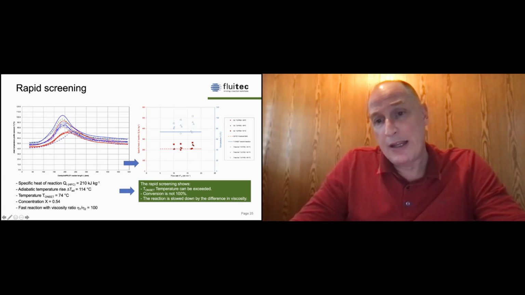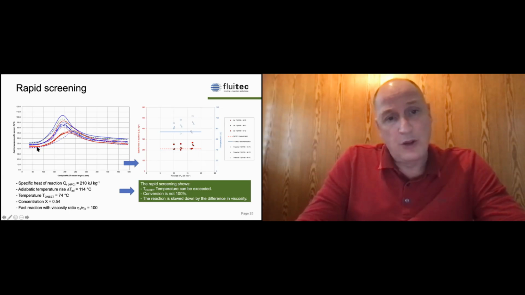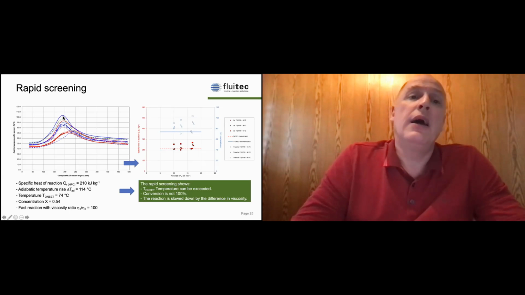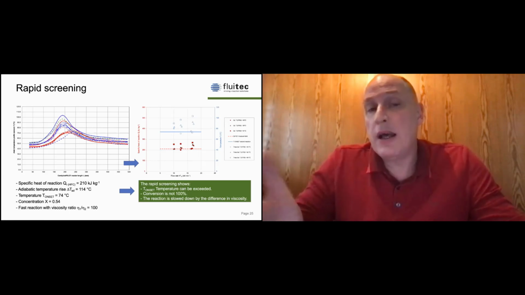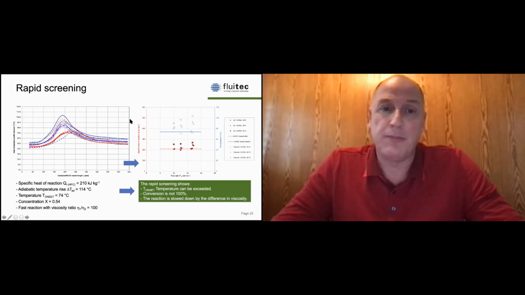This red line here is the measurement in a fed batch reaction in an RC1 reaction calorimeter. So you do this screening, and we especially look at the temperature peak, the highest temperature point, because this is going to be a critical temperature which could lead to decomposition, for example.